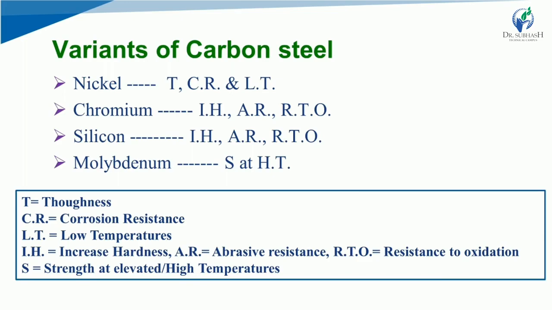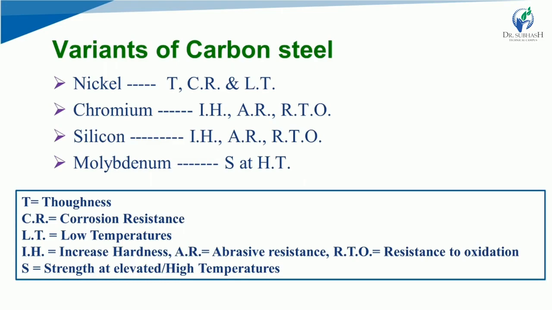It will become corrosion resistant, and Lt is low temperature, which means it has low temperature properties when mixed with carbon steel. Second comes chromium. IH means increase in hardness. It increases hardness. AR is abrasive resistance. You will see more abrasive resistance when you use chromium, and resistance to oxidation, that is RTO. When we talk about silicon, it is almost the same as chromium: IH, AR and RTO.